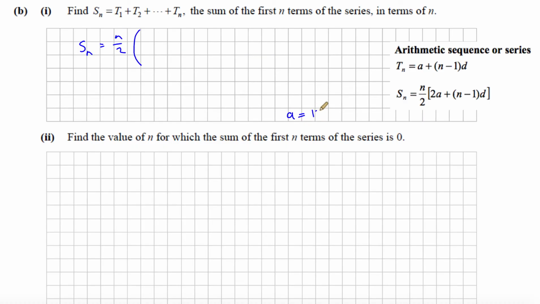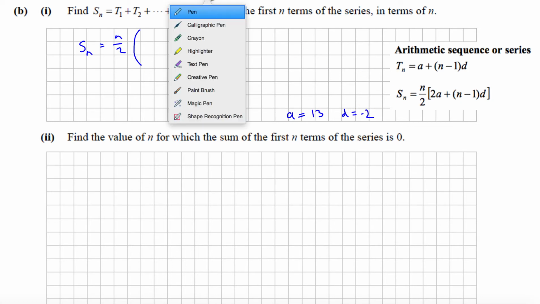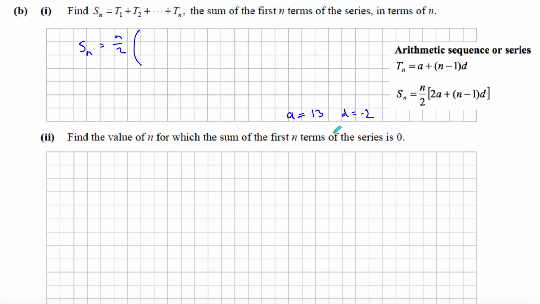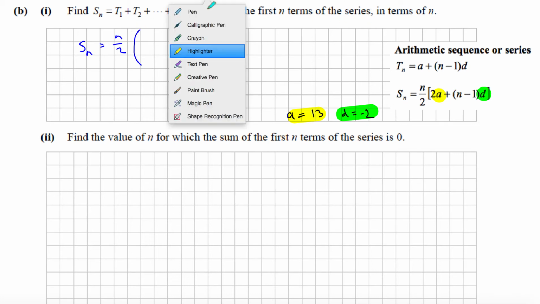So a is 13 and d is negative 2. So we're going to sub these values in then. The n we're going to leave alone because it asks us to give our answer in terms of n.